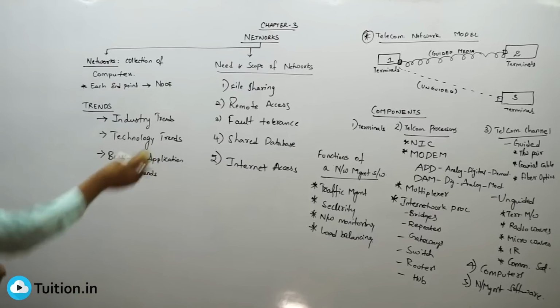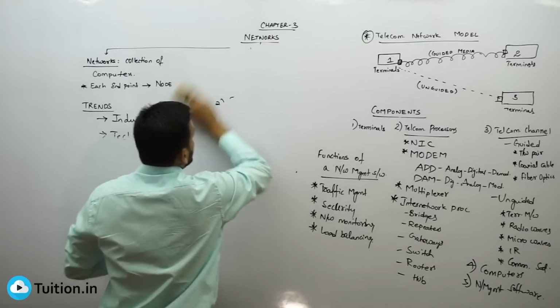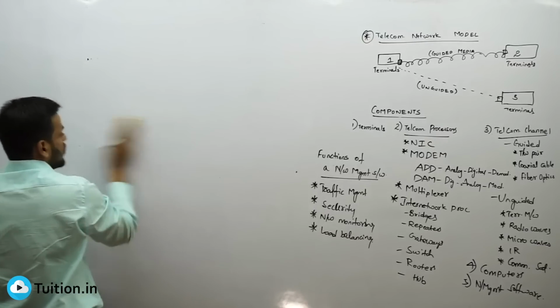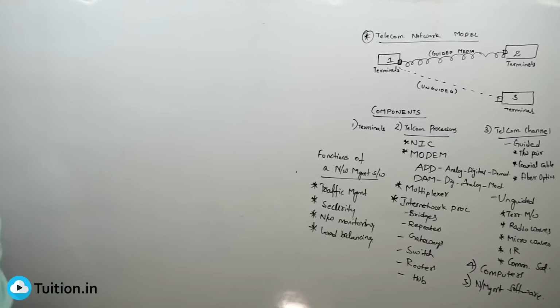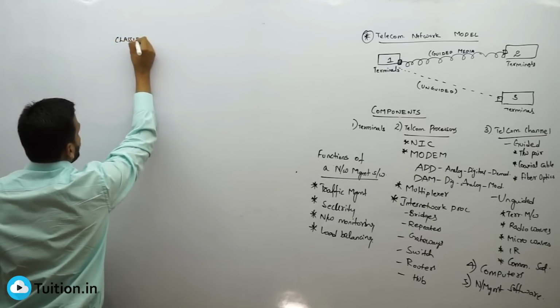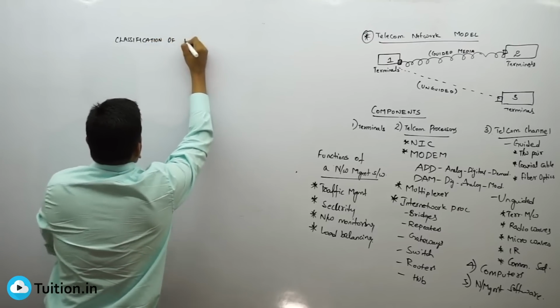Right, so I will leave that for you on screen for some time. Right, so you can go with it. In the meanwhile, let me take you through the classification of networks. Go with the classification of networks, guys. Classification of networks.